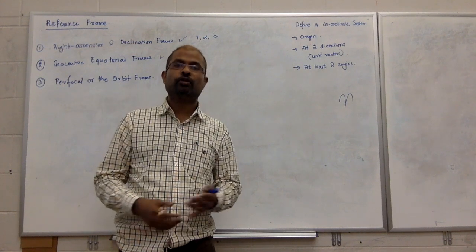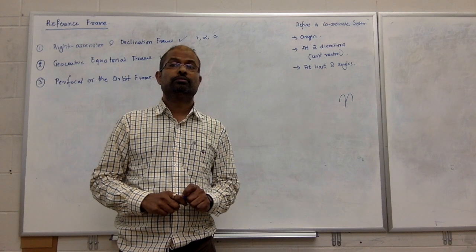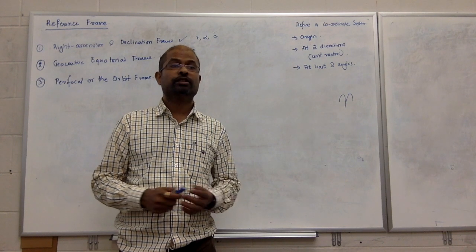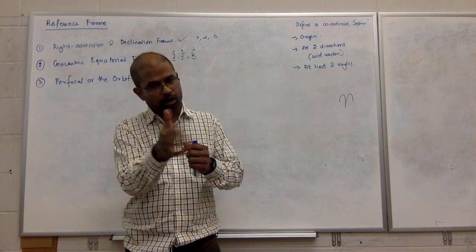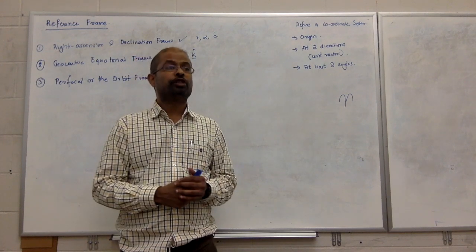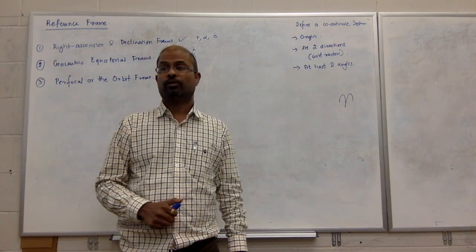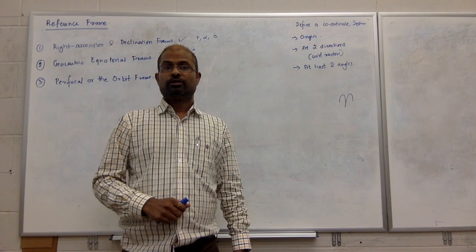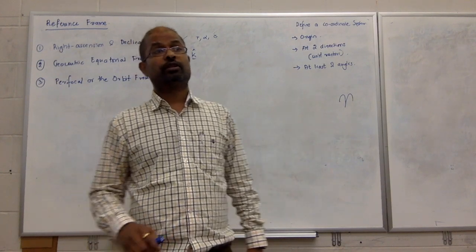Can you define an equatorial plane if Earth was not rotating? No. There is no equatorial plane because Earth is spherical. Only because there is an axis of rotation. What has happened around the equatorial plane? There is a bulge. It's not perfectly spherical, right?